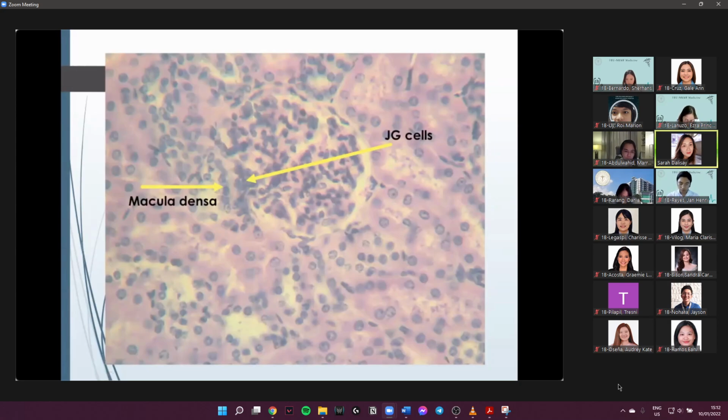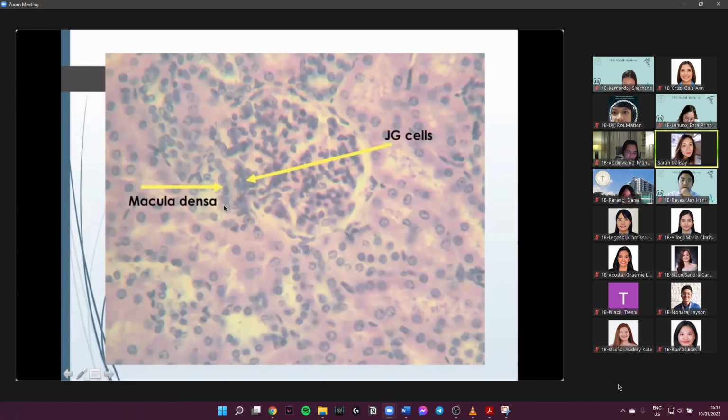The first one here, related to your distal convoluted tubule, is your macula densa, which is said to be responsible for the glomerular blood flow. Okay? So sometimes you just say responsible for the glomerular blood flow.